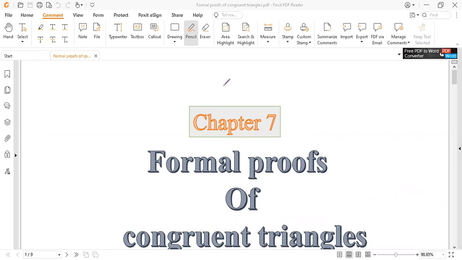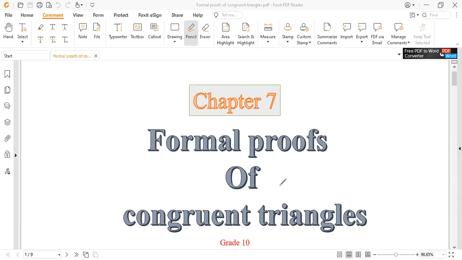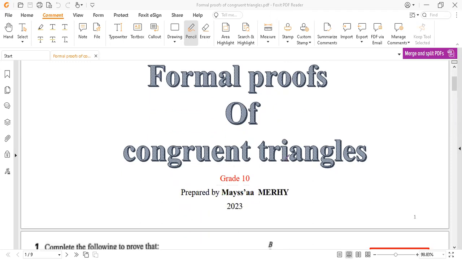So normally all the sides, each pair of matching sides, are equal, and also each pair of matching or corresponding angles are equal. Good. So today we want to explain how to use these tests and the consequences of having congruent triangles.